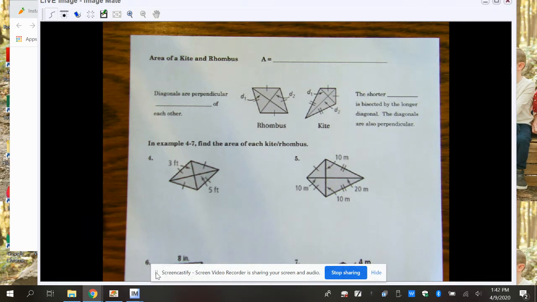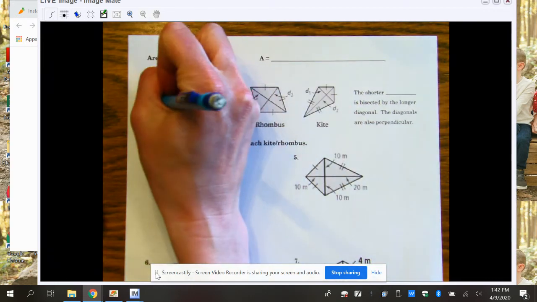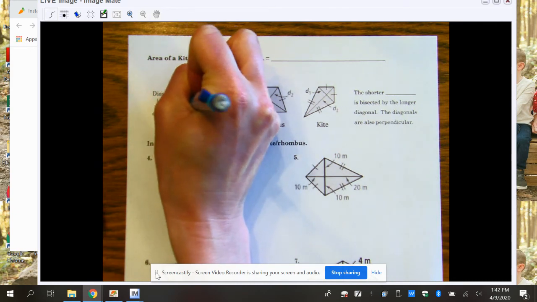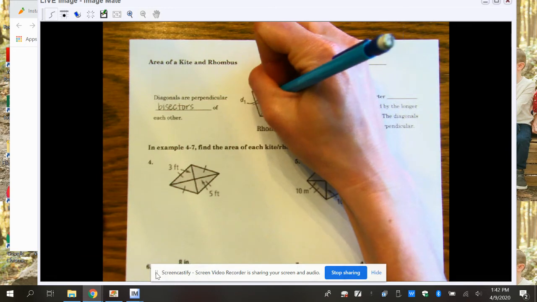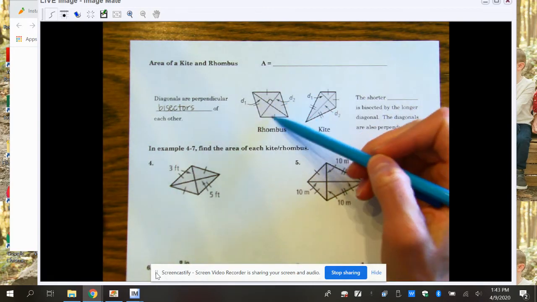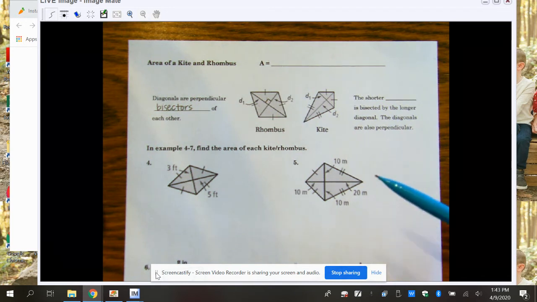So remember that if you are looking at a rhombus, diagonals are always perpendicular bisectors of each other. So that means that you'll have that right angle in the middle if you're looking at a rhombus. So that creates right triangles. That also is going to bring back possibly 30-60-90 as well as the Pythagorean theorem.